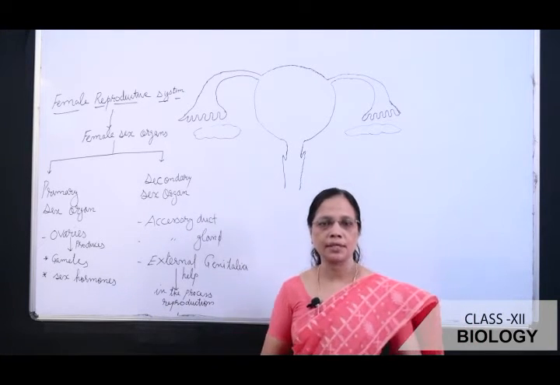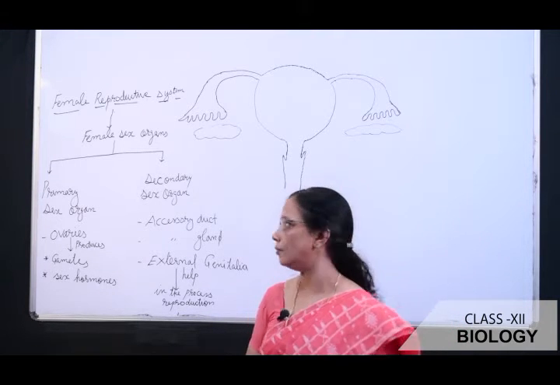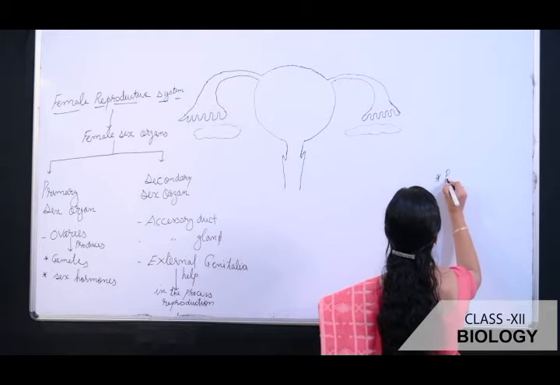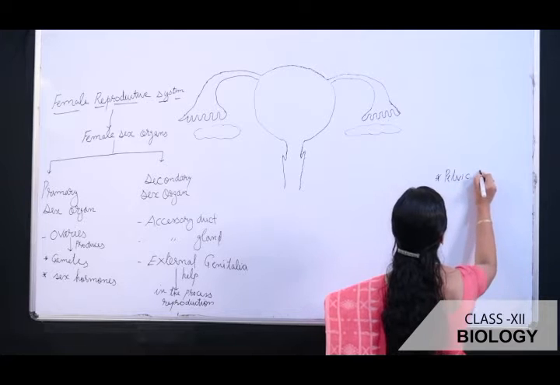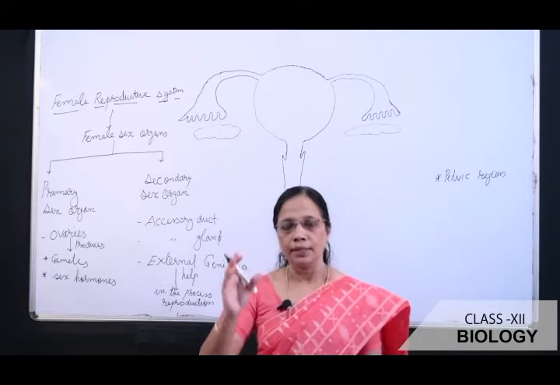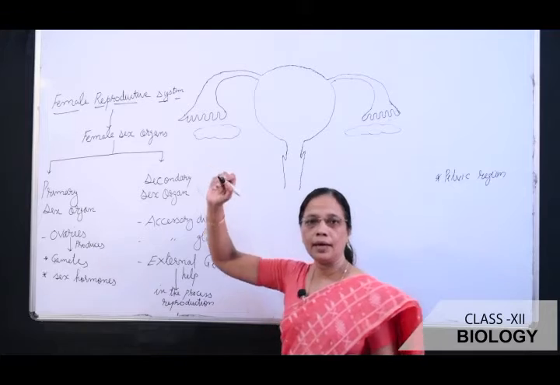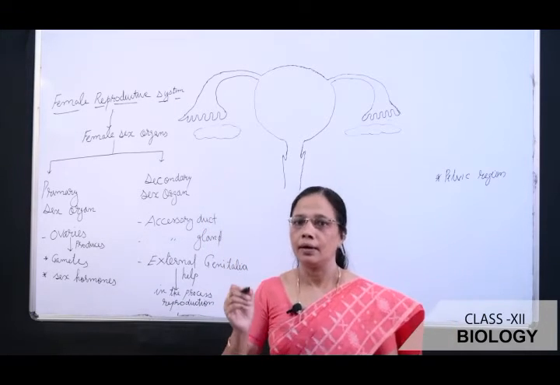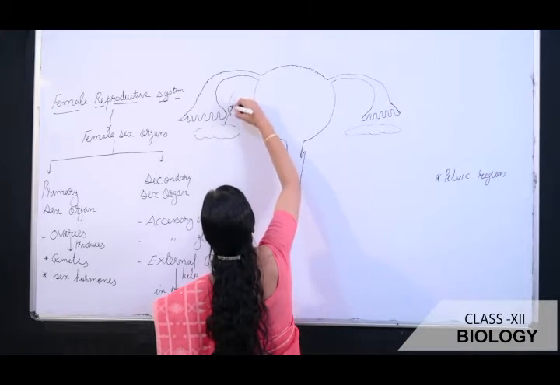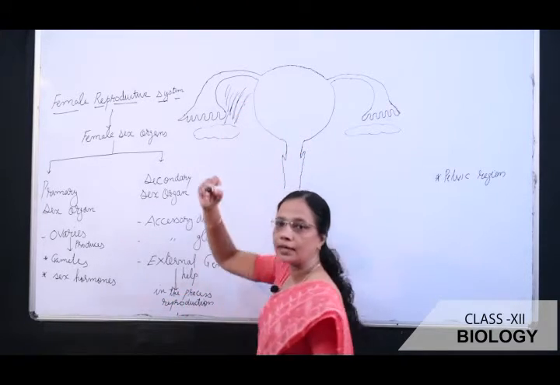Ovary is placed in the lower abdominal region, that is in the pelvic region. Now this ovary is fixed by a double peritoneum fold, which fixes the ovary with the pelvic wall.